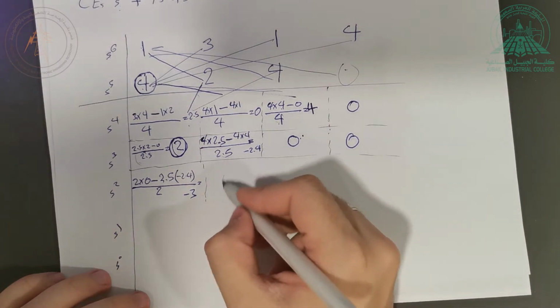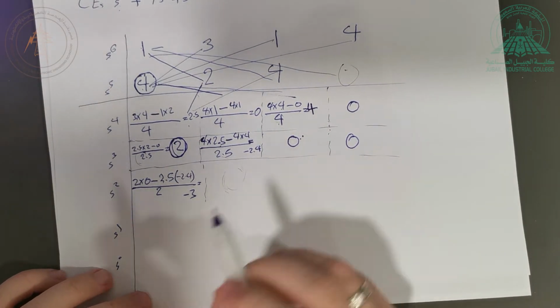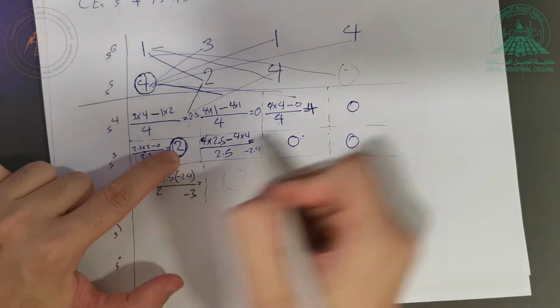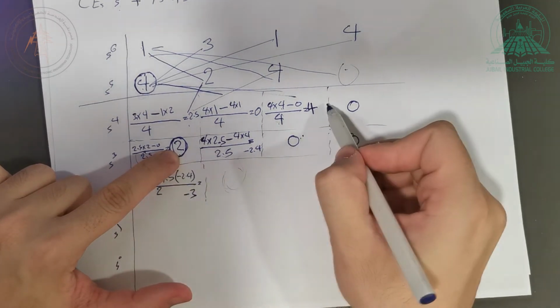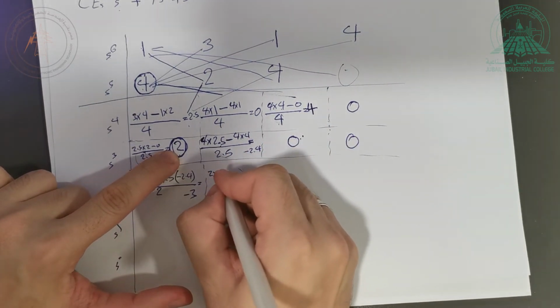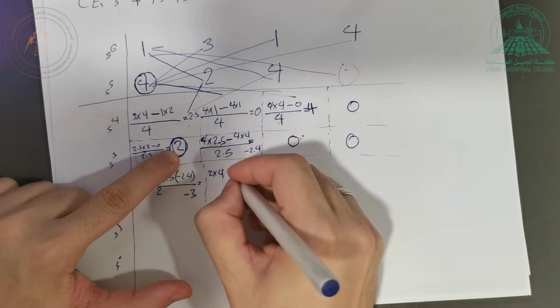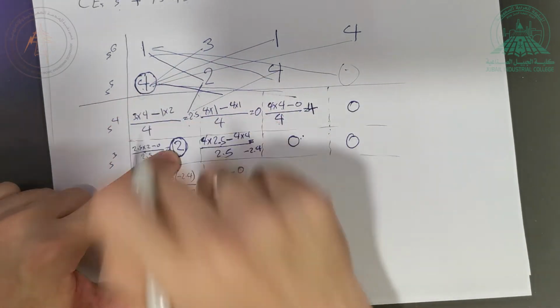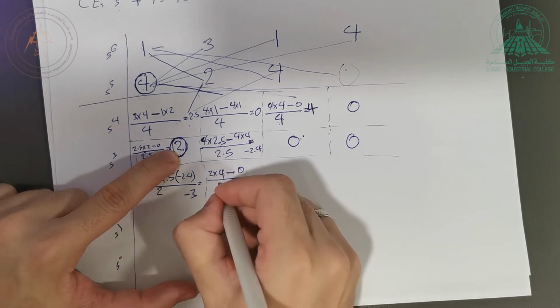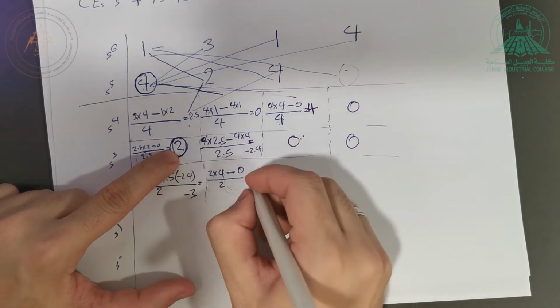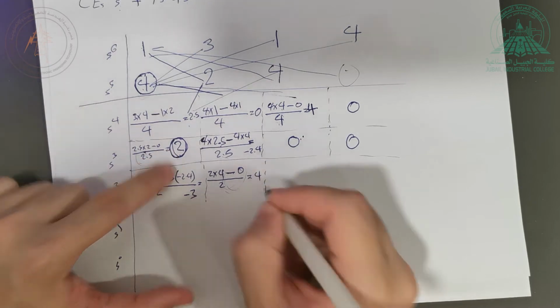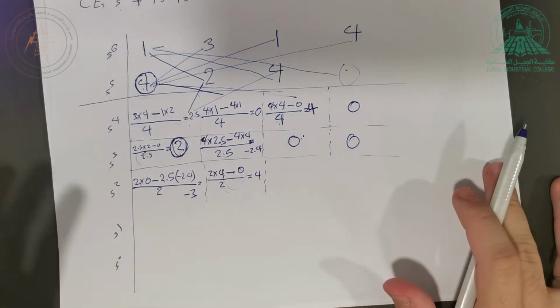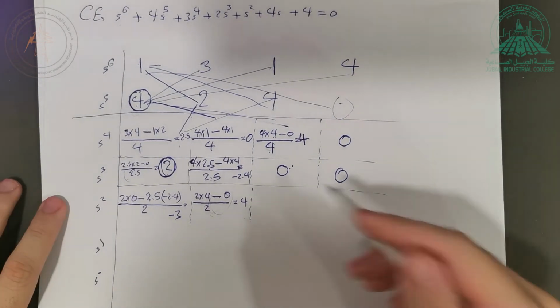Okay, how about this element? How do I get this one? I will take 2 with the 4, go like this. So 2 multiplied by 4 minus 0 multiplied by 2.5, minus 0 divided by 2. So the 2 will cancel with the 2, and I get 4. This behavior, guys, we are going to see whenever we have 0 like that.